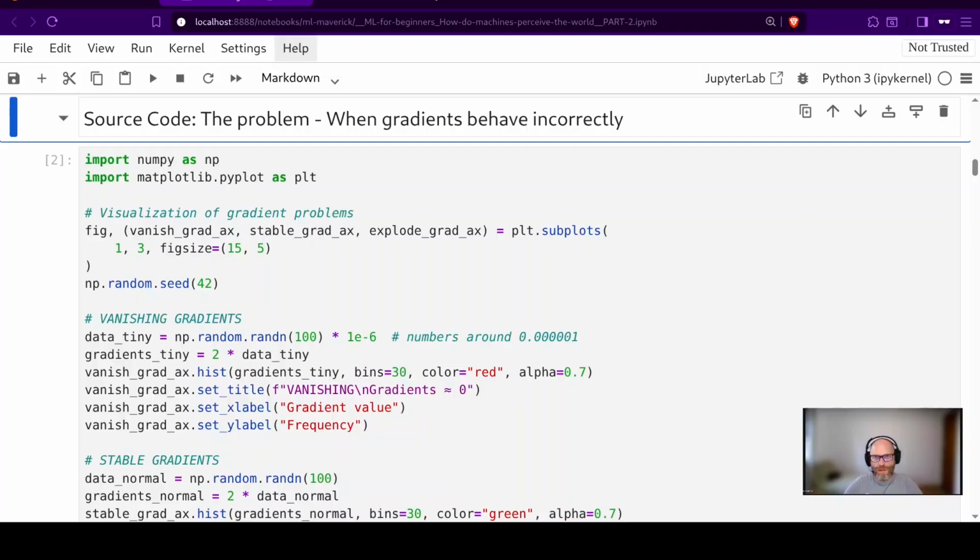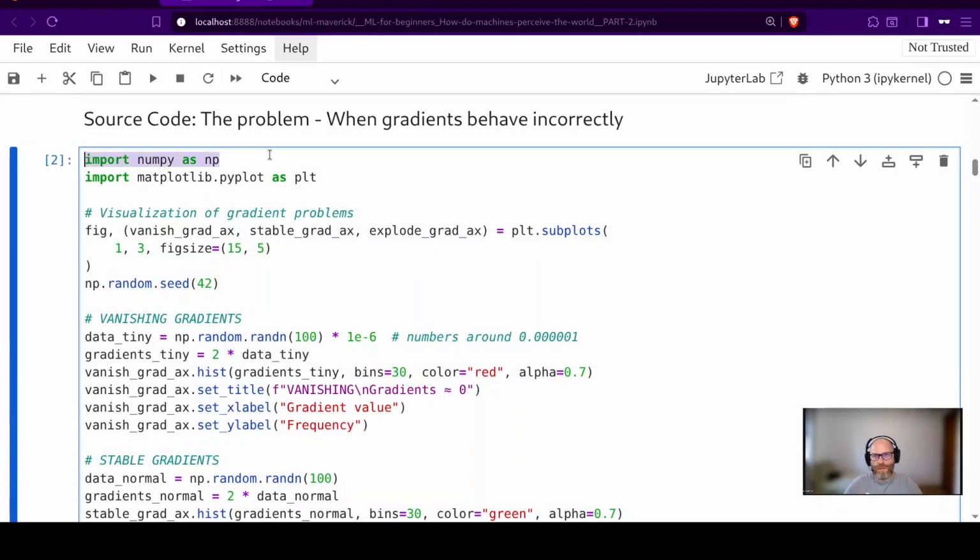Source code: the problem when gradients behave incorrectly. Using NumPy, import numpy as np. Using matplotlib, import matplotlib.pyplot as plt. Visualization of gradient problems.